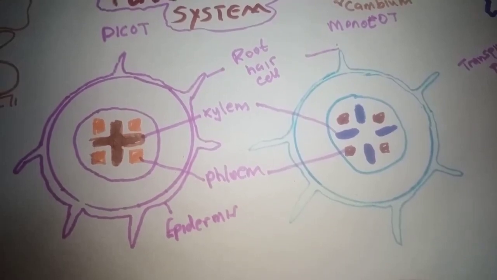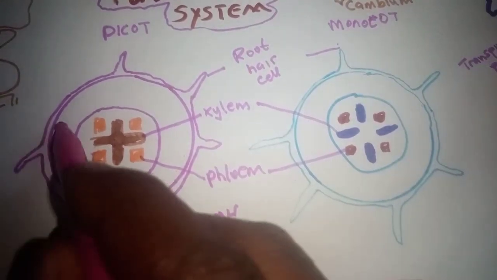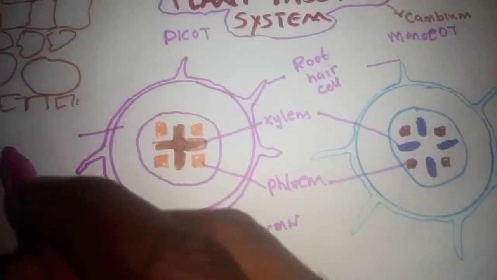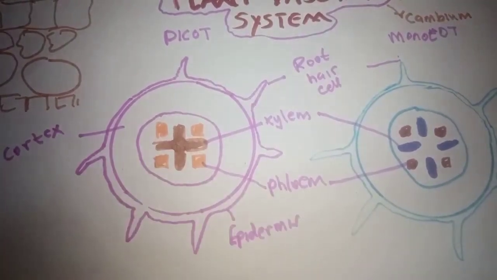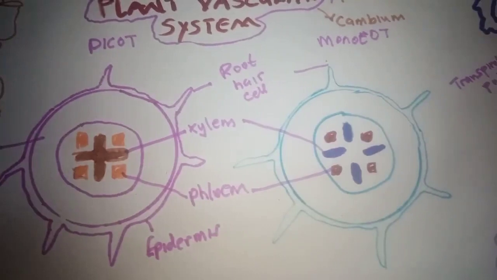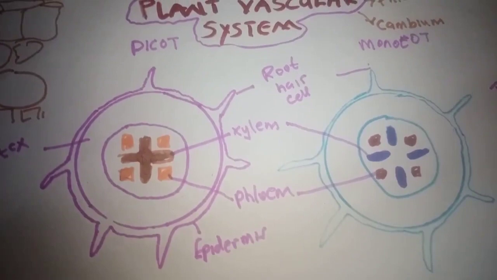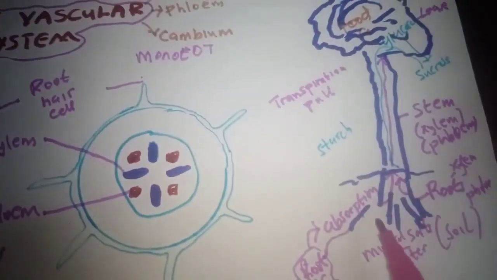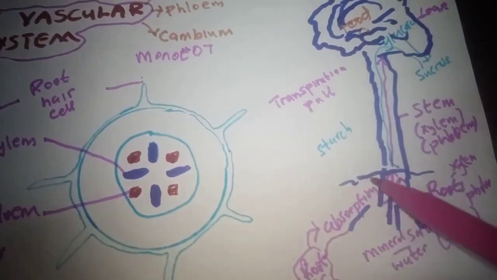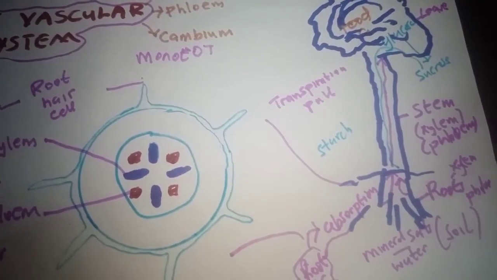Then you also have this one, which is called the cortex. The same features will apply on this side. So this is the vascular arrangement the way it is in the roots. This part was taken from the roots.